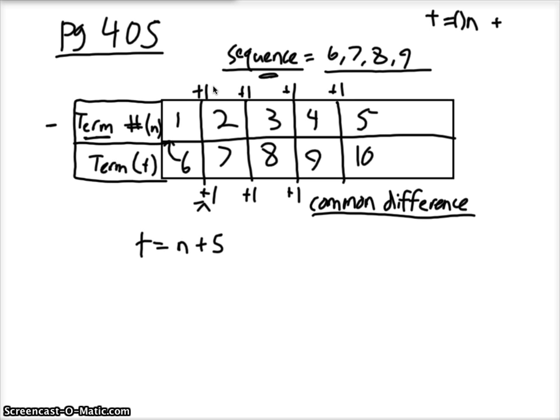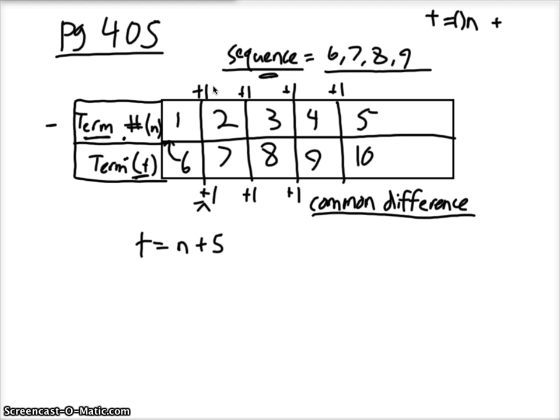Sorry about that. So we find our difference, and that's just called our difference. Our common difference is between terms, just on this bottom part, but our difference is between our term and our term number. So if this is now our new equation, whenever we plug in for n, we should get our answer.